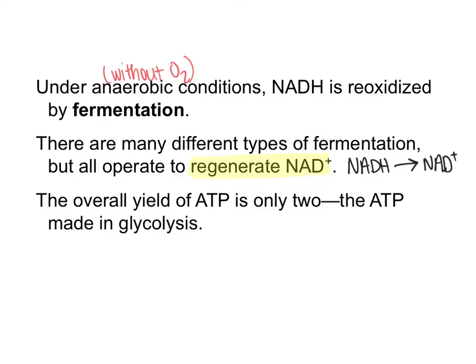The overall yield of ATP is only 2, the ATP that is made in glycolysis. So the NAD+ is needed for glycolysis. Without it, glycolysis will not proceed at all, and no ATP is going to be made.